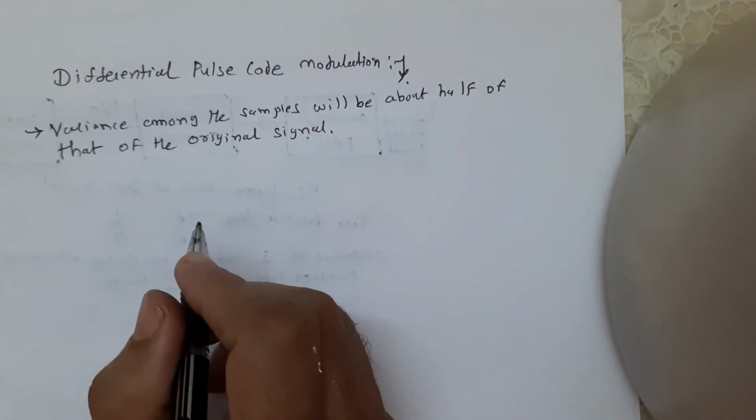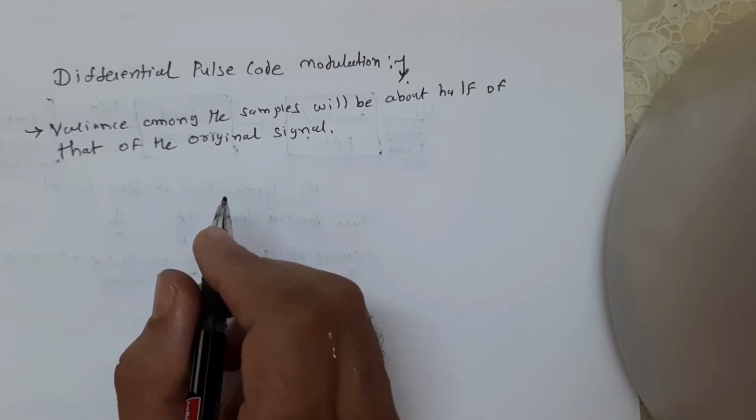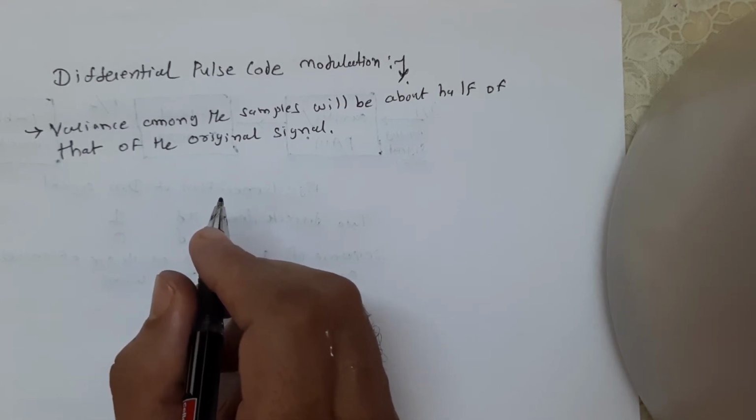As a result, binary words of smaller length are sufficient for coding the unpredictable part.